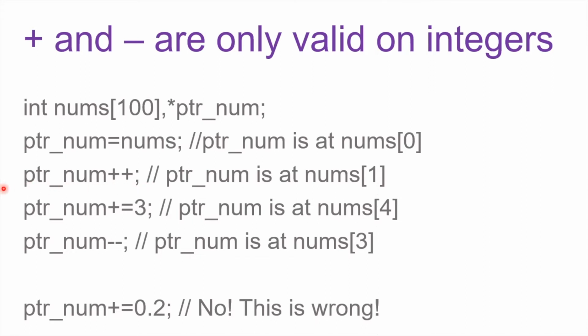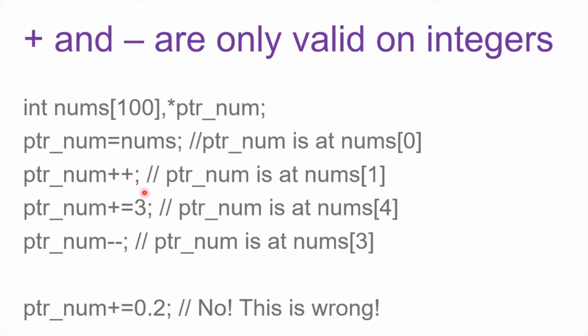So this is something different from ordinary variables. For an ordinary integer, the plus will increase the value by 1. However, here, by using this operator, the address will be increased by 1 unit of the data type. Here the data type is an integer, so it will be increased by the corresponding number of bytes of that data type.